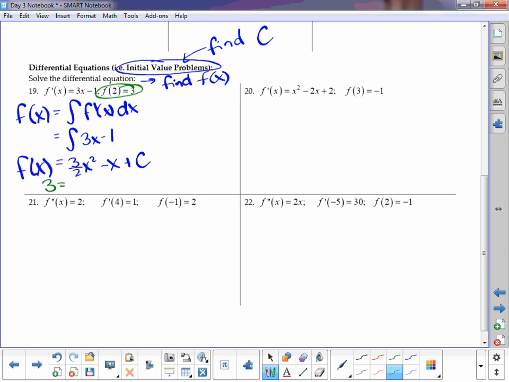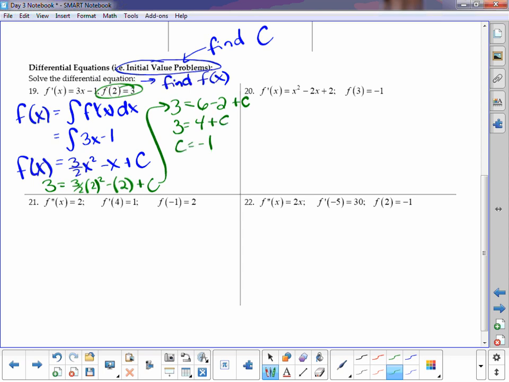My x value is 2, so I'm just going to substitute that in. And we can solve for our c. Let's see, so we get 3 equals 12 divided by 2 is 6, minus 2 plus c. 3 equals 4 plus c, so c is negative 1.